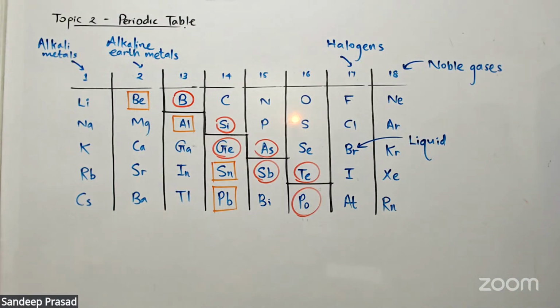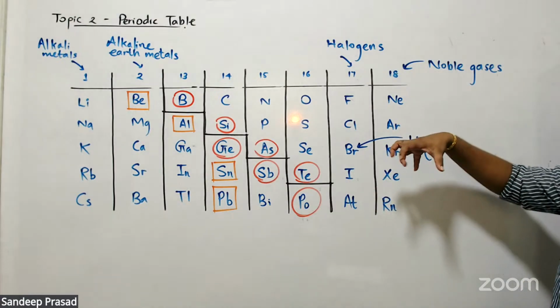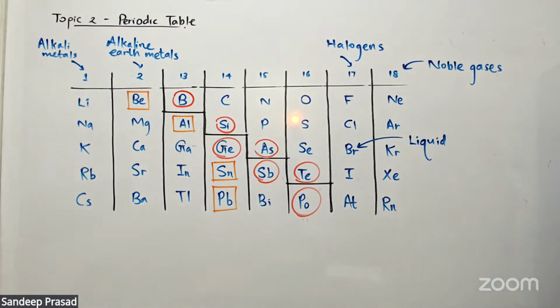Understood? We are drawing the complete periodic table in the class, when we are studying the periodic table in unit number 1, atomic structure. We have to draw it. Now quickly complete this one.